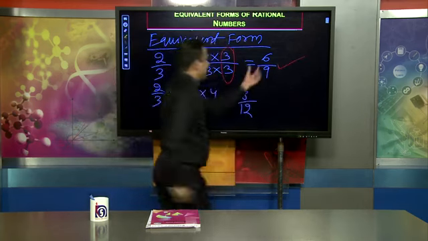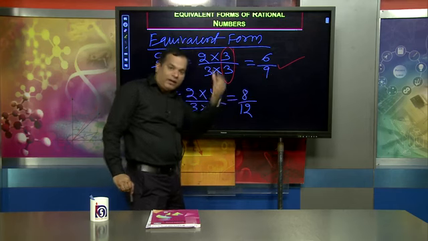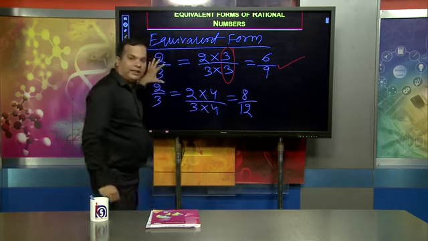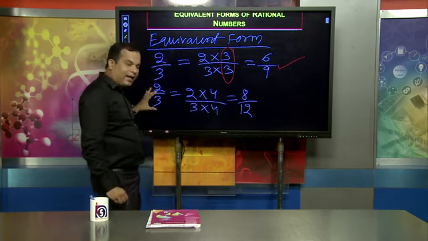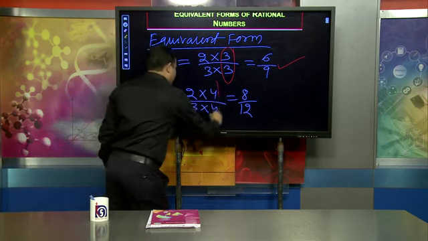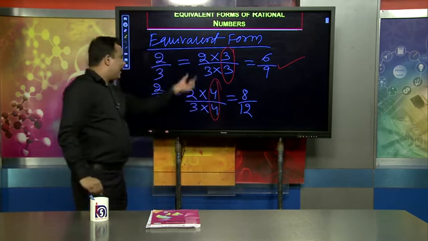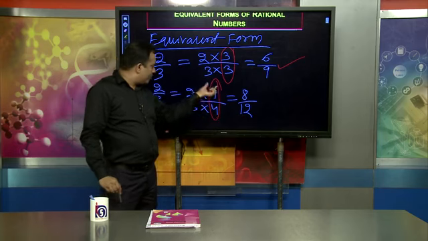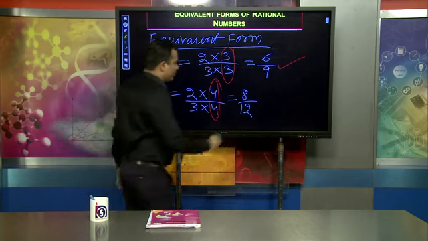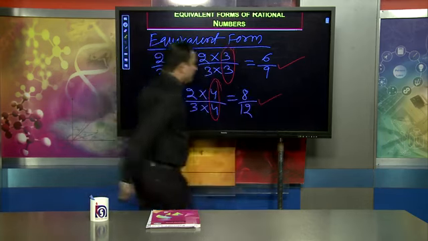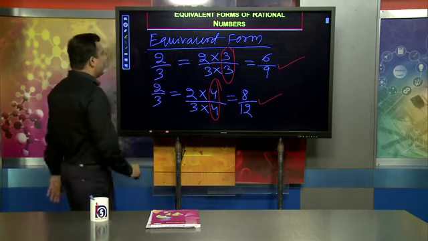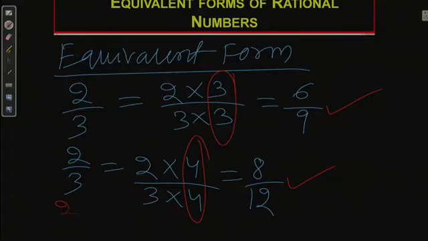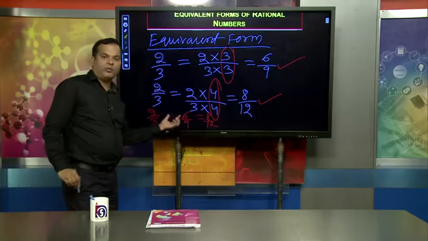So 6 by 9 is one of the equivalent forms of 2 by 3. Similarly, in the second example, 4 is multiplied with both numerator and denominator and the result is 8 by 12. So 2 by 3 is equal to 6 by 9, which is equal to 8 by 12. These are the equivalent forms of 2 by 3.